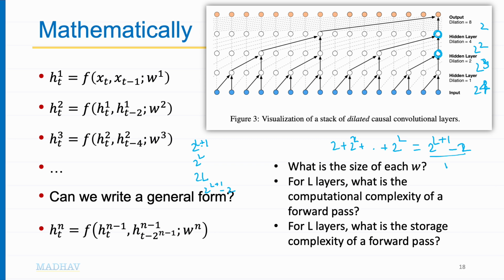Is that correct? Okay. So when we consider the order, this 2 term can be ignored. 2 to the power L plus 1 is the final answer.